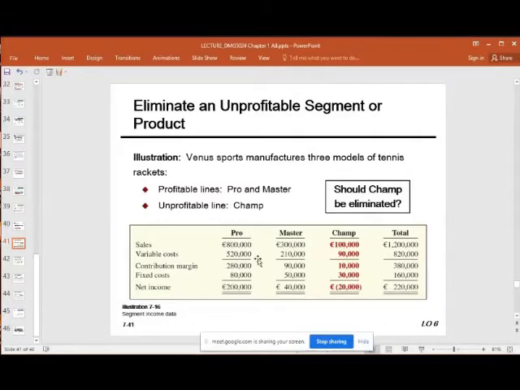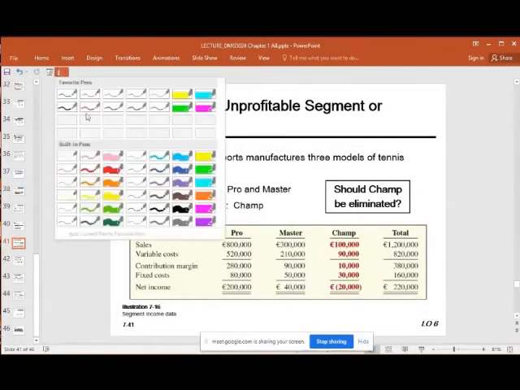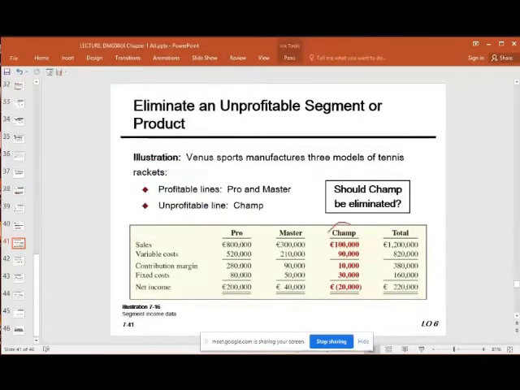Pro is profit, Master also profit. The problem is with Champ. Champ has a negative 20,000 net loss. So the company needs to decide whether Champ should be eliminated.